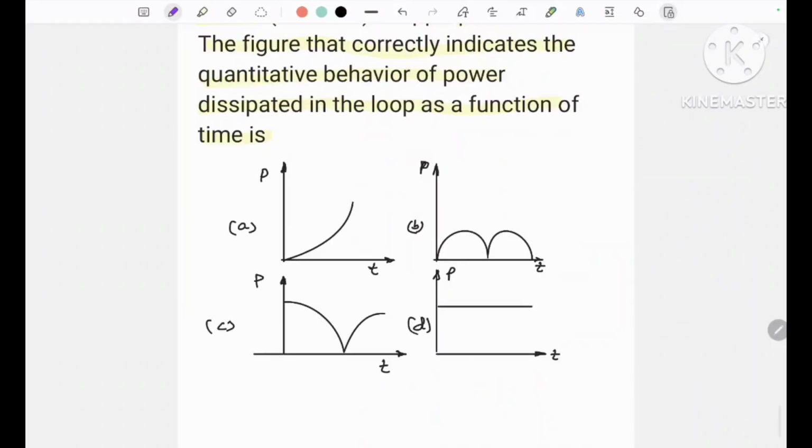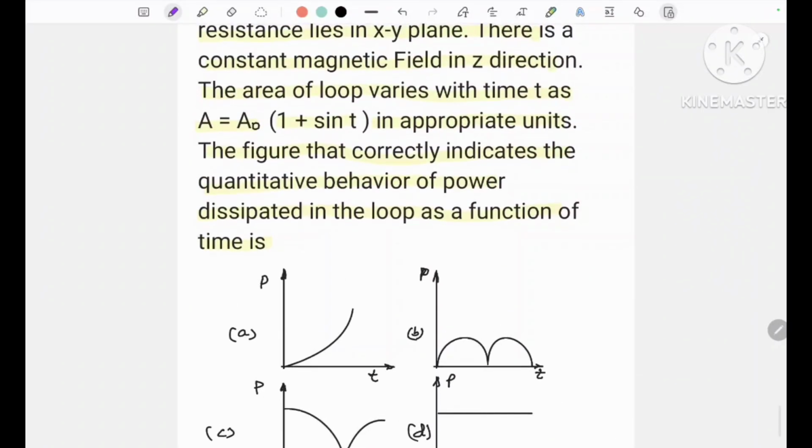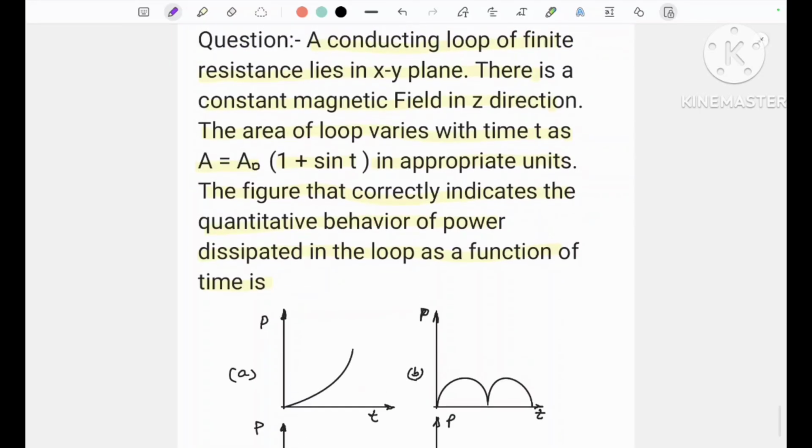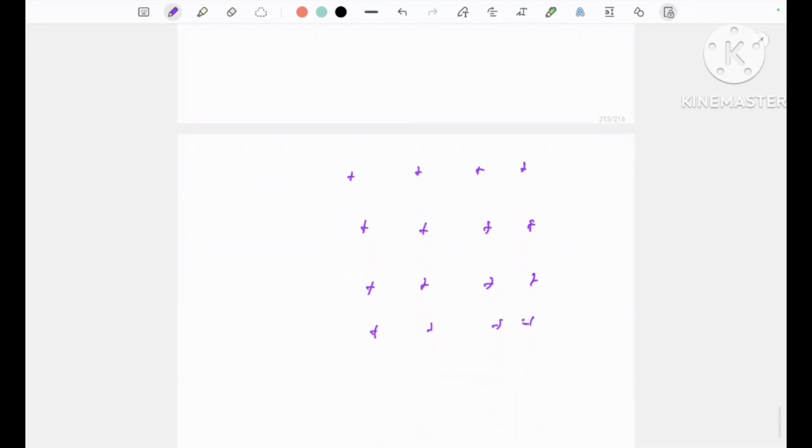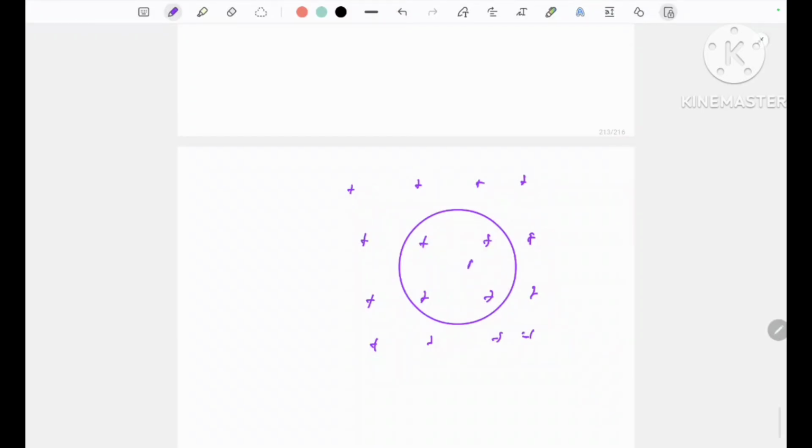Magnetic field is in z direction. A loop is placed in xy plane. इसका area is A is equal to A naught, variable area with time.